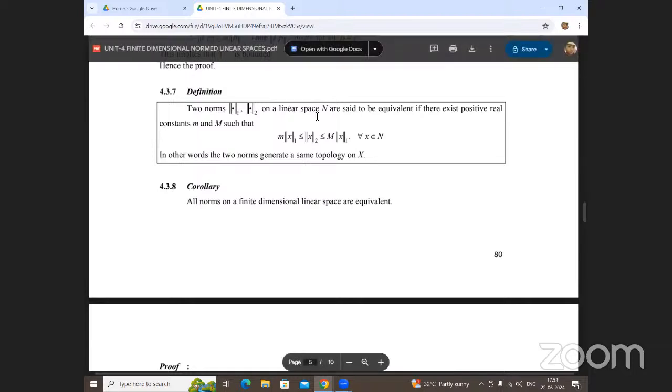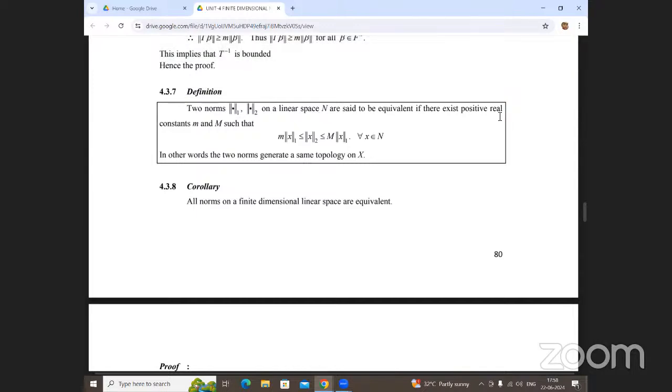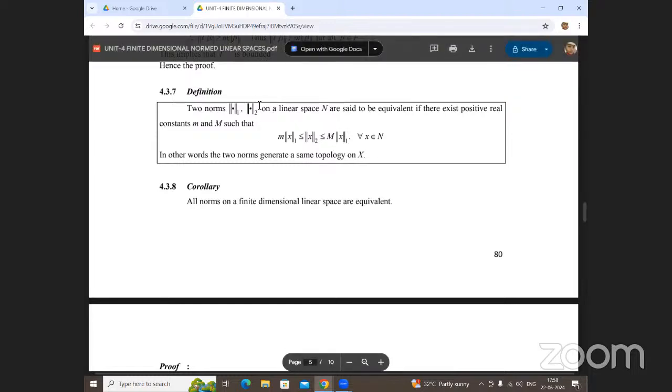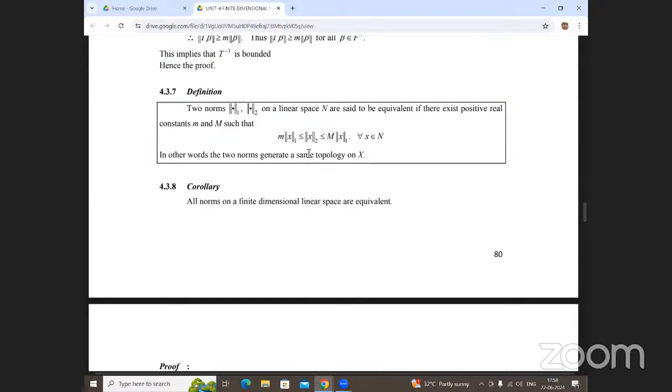On a linear space, two norms are said to be equivalent if there exist positive real constants small m and capital M, where small m and capital M are the constants. So the second norm lies between the first norm times small m and the first norm times capital M. The two norms generate the same topology on capital X. With the same topology, how do we define the norm values?